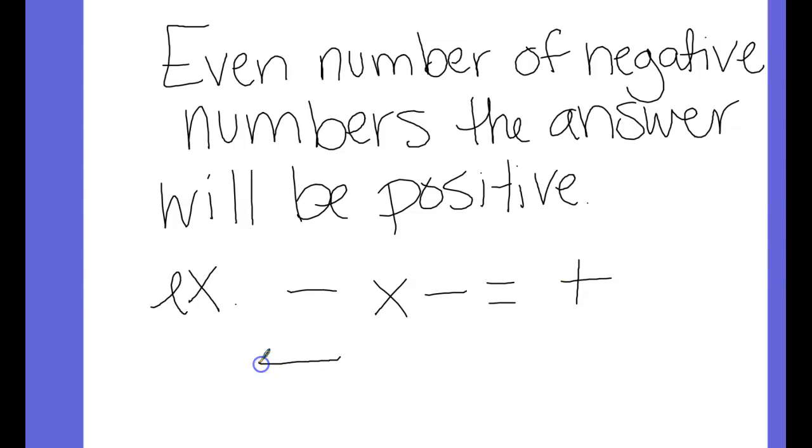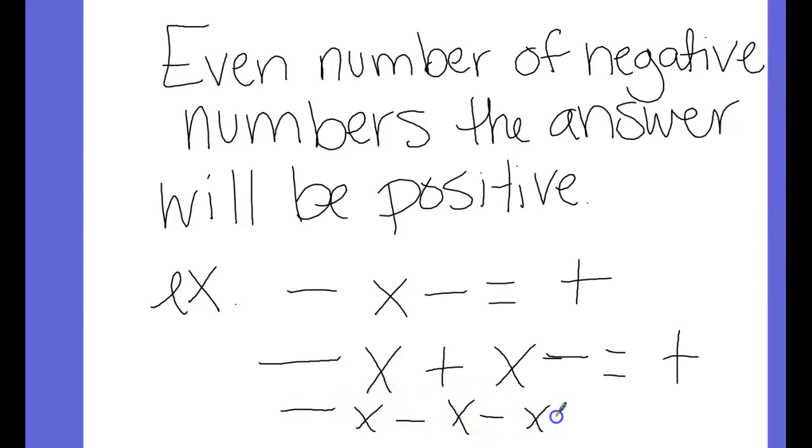If I have a negative times a positive times a negative, my answer is still positive. If I have 4 negatives, so like negative times negative times negative times negative, my answer will be positive.